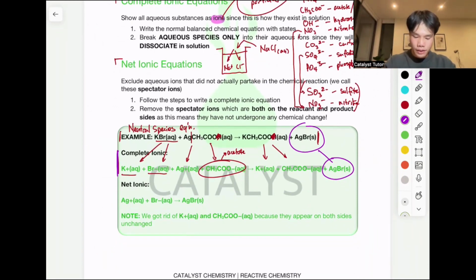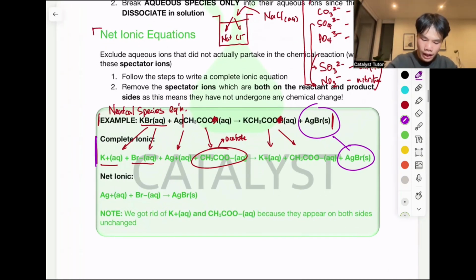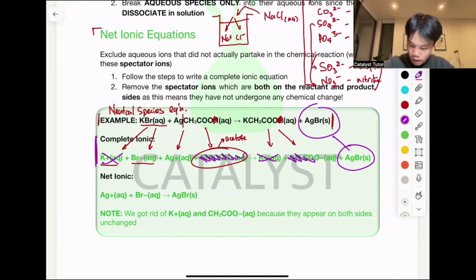The next equation, net ionic, is slightly different but the same. You do the same steps to go from a neutral species equation to a complete ionic. The only extra step to go from complete ionic to net ionic is we cut out all of the substances which exist on both sides of the equation. So Ag and Br remain.